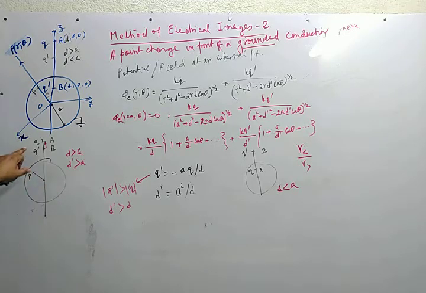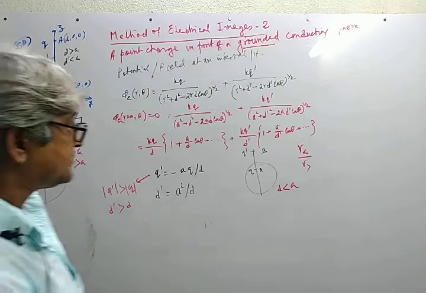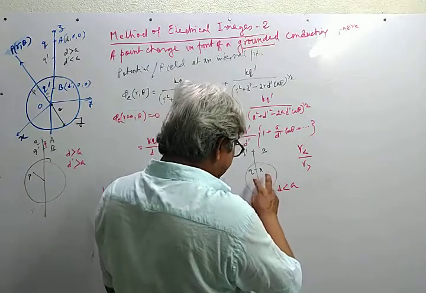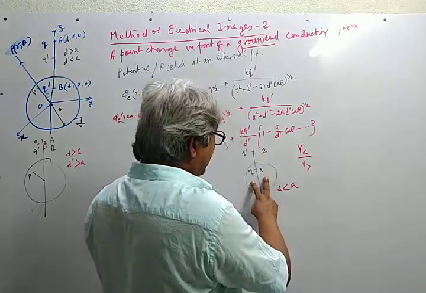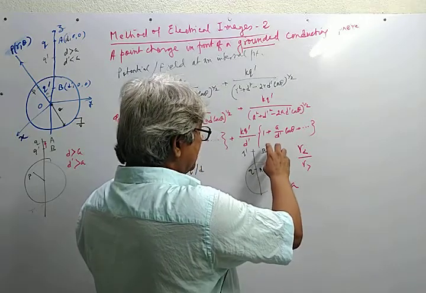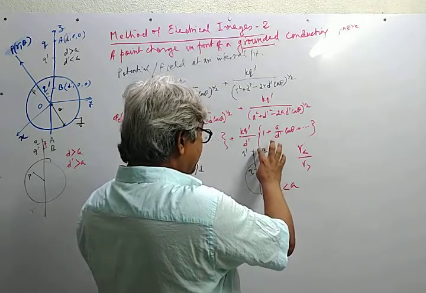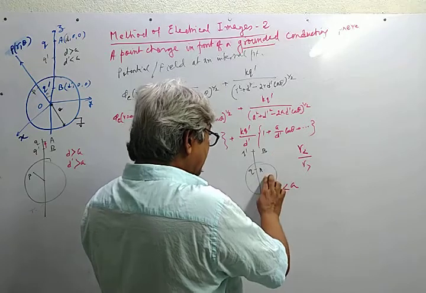In that case, we found that the image charge is of equal magnitude as the inducing charge and placed at the same point, so that the potential inside is 0. And third example, we consider where the inducing charge lies inside the sphere, and the point of interest was to find out the field at an internal point.